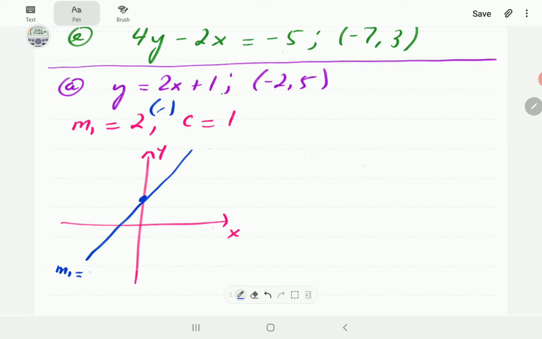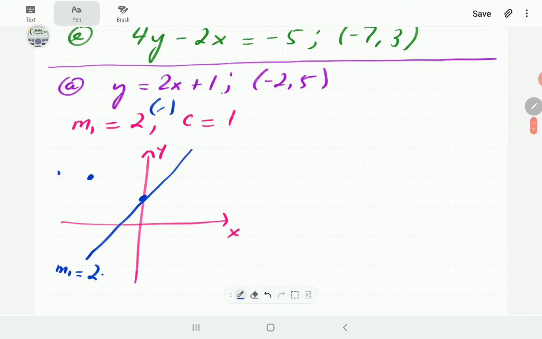Then negative 2, 5 is going to be somewhere in the second quadrant. Okay, so the line in part 1 that we're looking for is parallel to this line, and it goes through negative 2, 5.